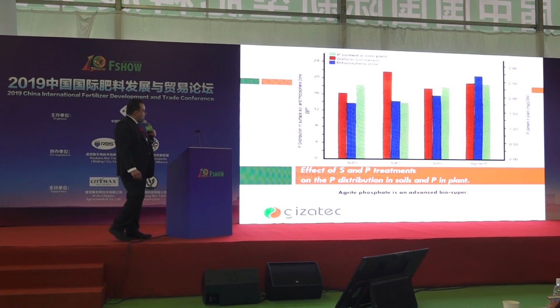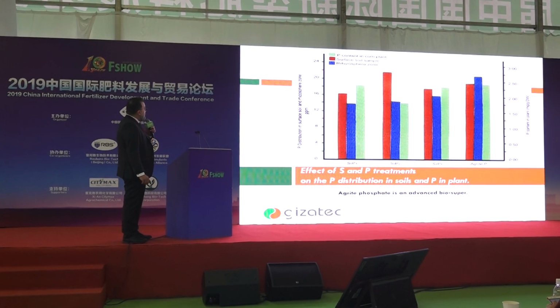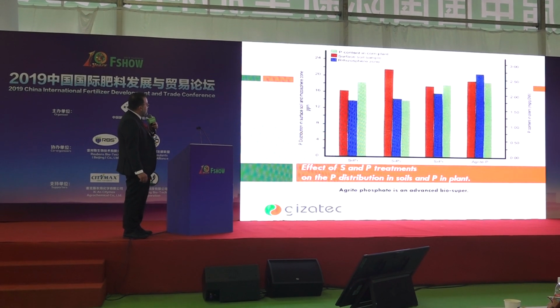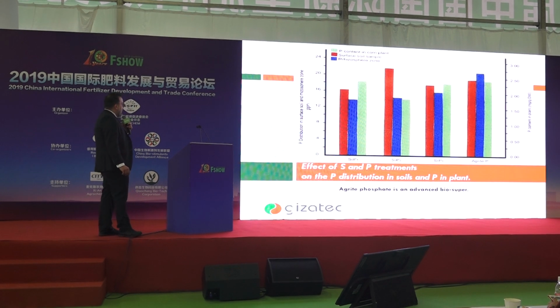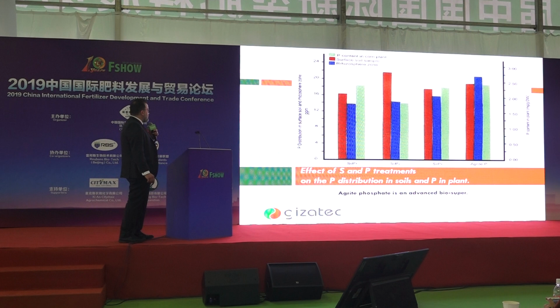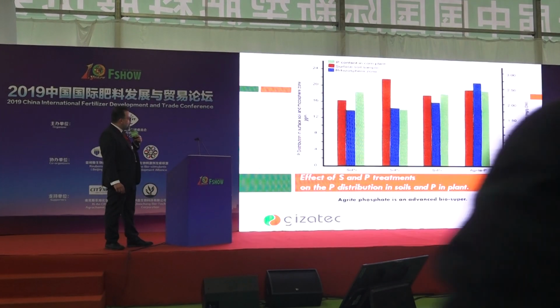Well, if we check the first one, the green line represents the phosphorus content in corn plants, the red one represents surface soil samples, and the blue one represents the rhizosphere.